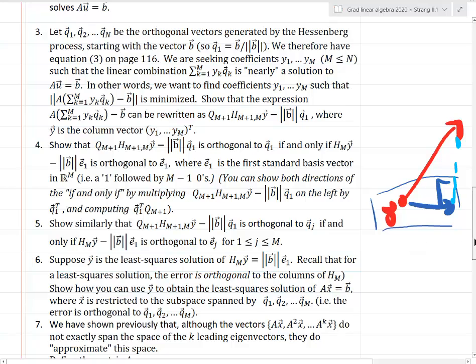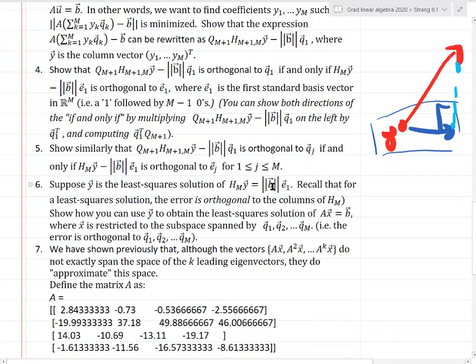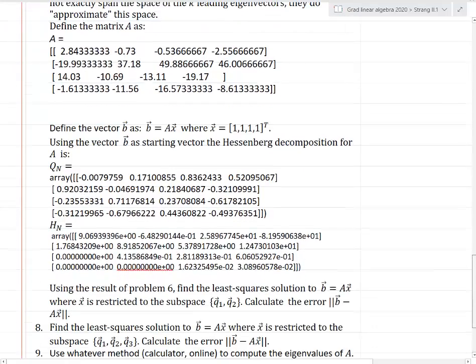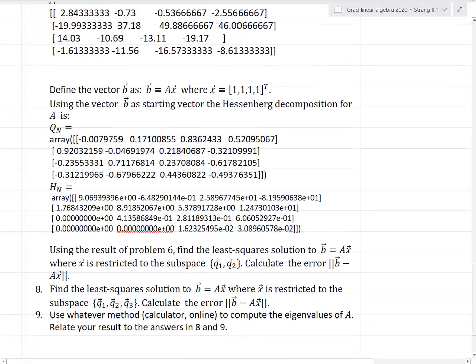So you should be able to solve this least square solution to get this least square solution, and that's what I'm asking you to do for this specific matrix. Then calculate this error. Once you've computed this x and you have b, then you can compute this error.